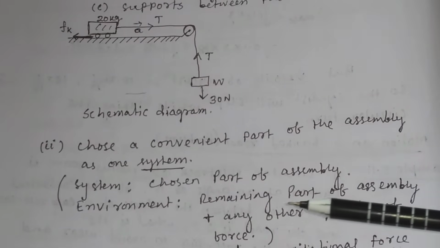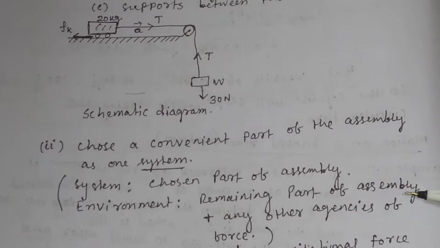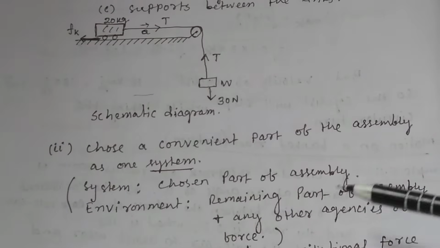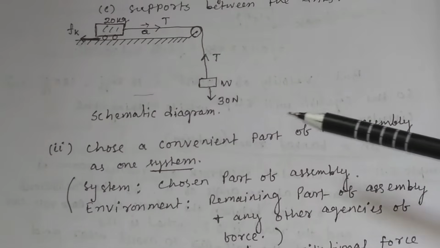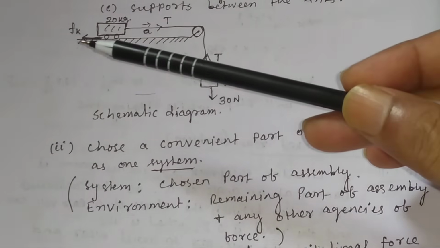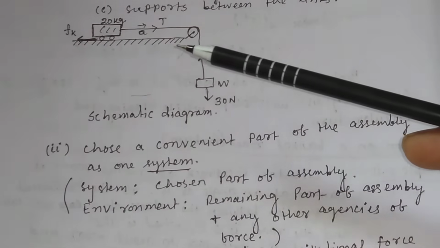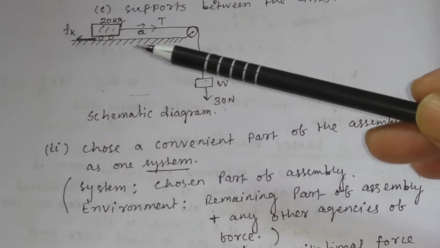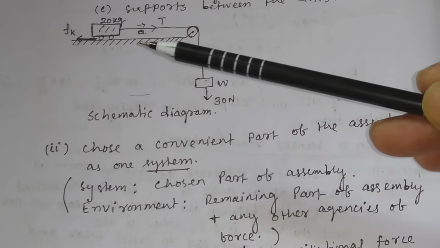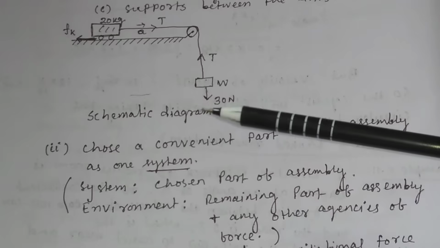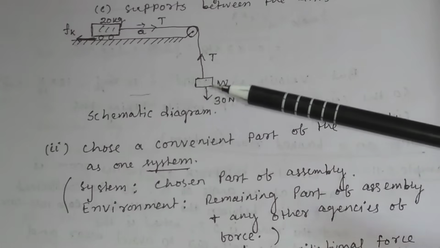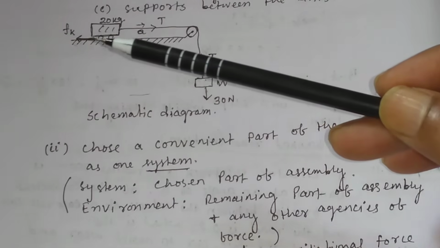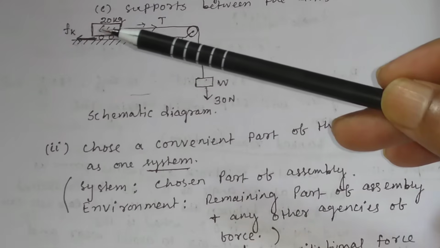Environment means the remaining part of the assembly plus any other agencies of force. The remaining part of the assembly means, suppose this is the ground, so the ground is the remaining part of the assembly, and any other agencies of force means, suppose here you have gravitational force, and here you have frictional force between the two surfaces.